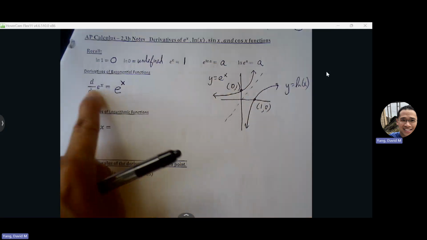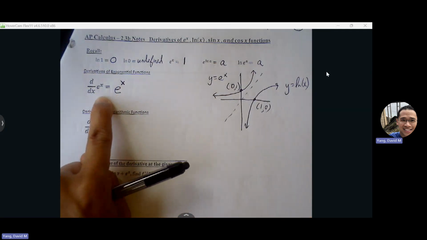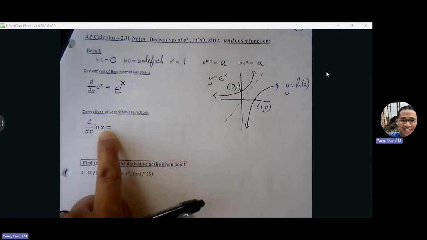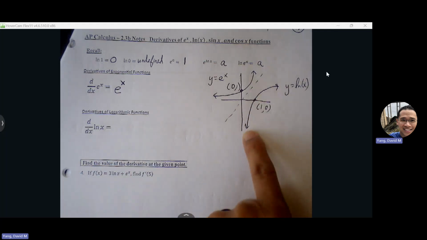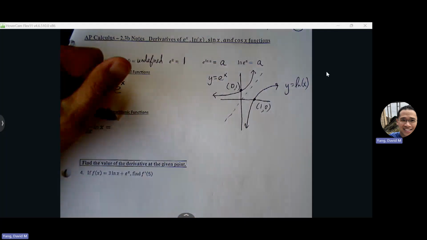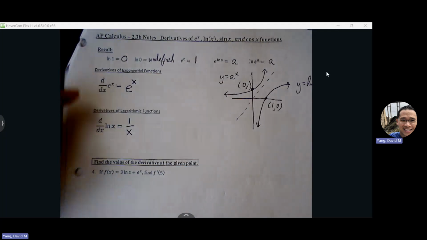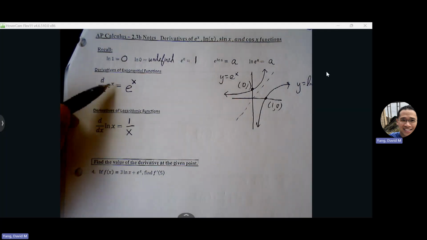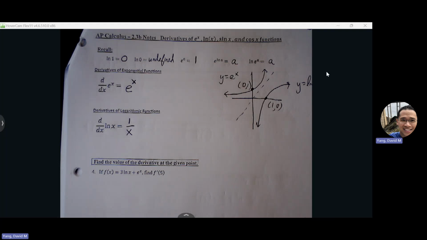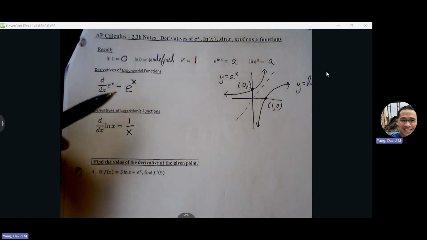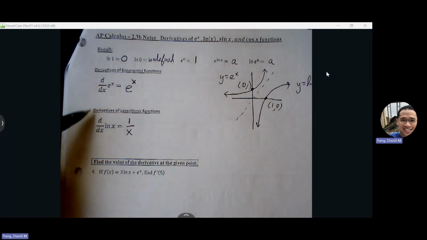It's really convenient that the derivative is just itself. Natural log, which is this curve, has a derivative of 1 over x. We have a bit more involvement when chain rule comes into play, if this is more than just x, and we'll talk about how we build on top of this. But for now, we're just using these basic parent derivatives.